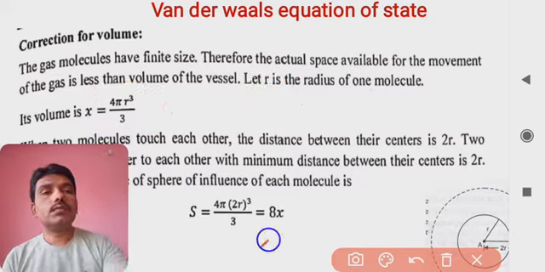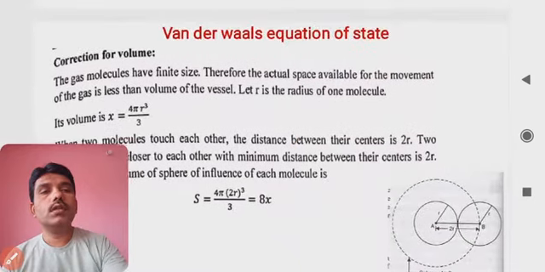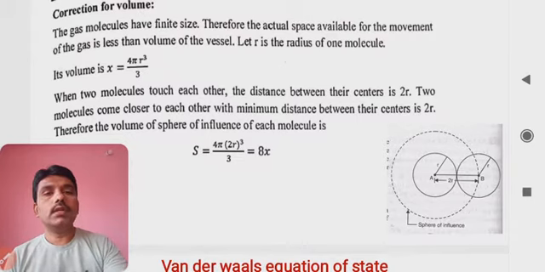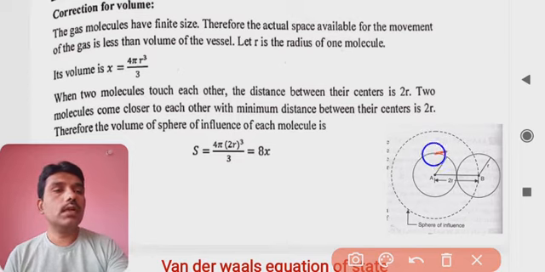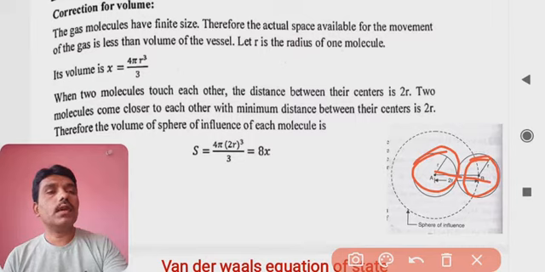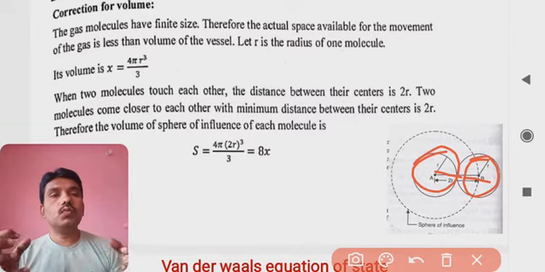But the very important factor is that when two molecules touch each other, the distance between their centers is 2r. In this diagram there are two molecules, here is one, here is another. There is radius r for the first molecule and r for the second, so r plus r is 2r. So when two molecules touch each other, the distance between their centers is only 2r.